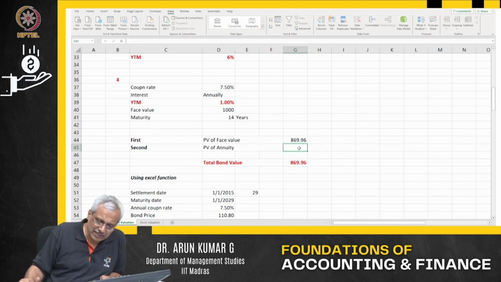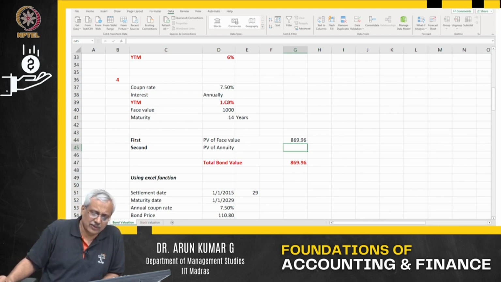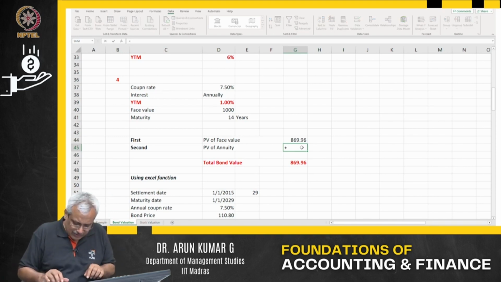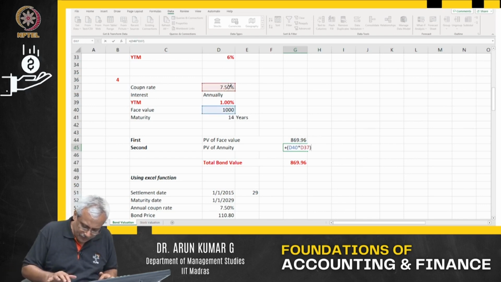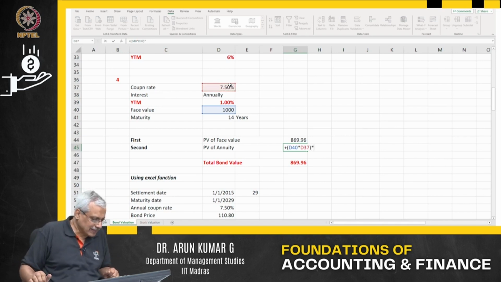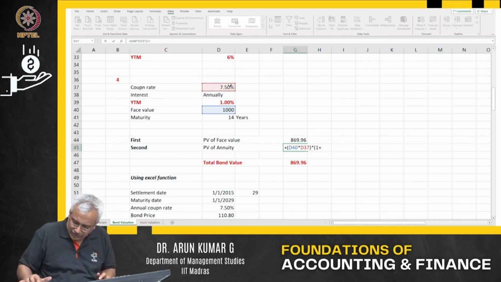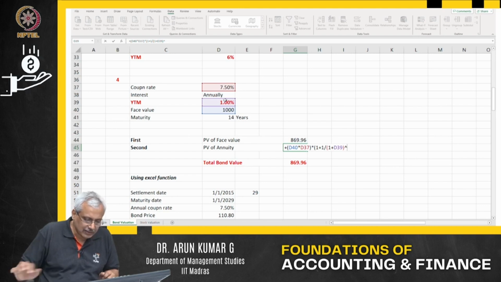We will have to calculate the YTM, so we calculate the PV of the annuity. Here it is the face value times the interest rate, that is the coupon, times 1 minus 1 divided by 1 plus D39, the same YTM cell, to the power of 14 years, then the bracket closes, and the entire thing is divided by the YTM.